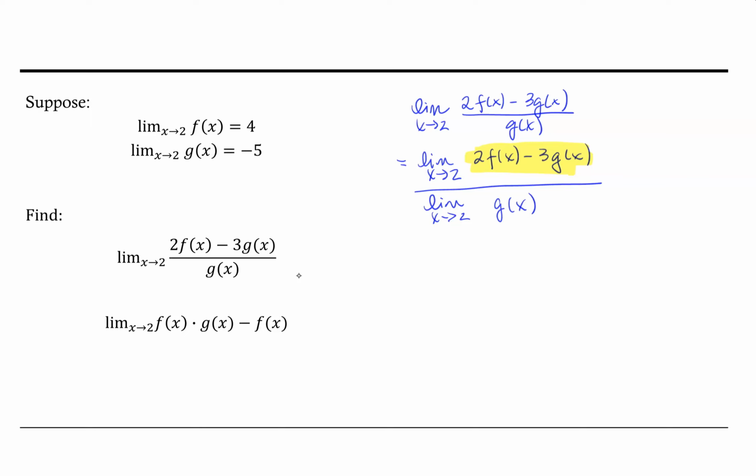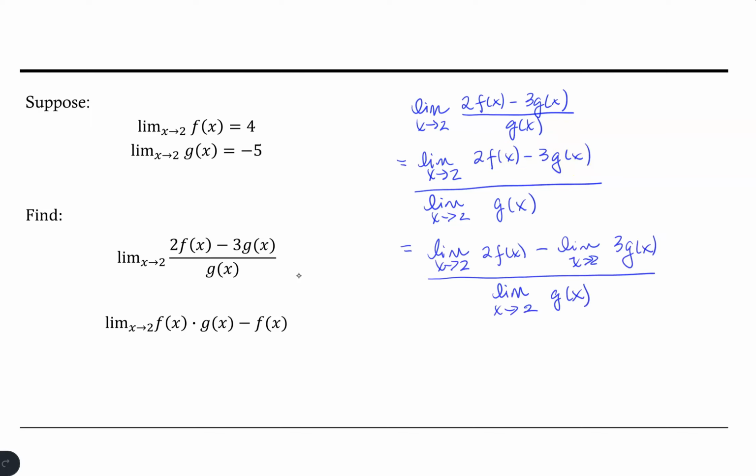In other words, I can take the limit of 2 times f of x and subtract the limit of 3 times g of x. So let's go ahead and do that. Now we're almost to the point where we can substitute these values for the limit as x approaches 2 of f of x and g of x, but we're not quite there yet.